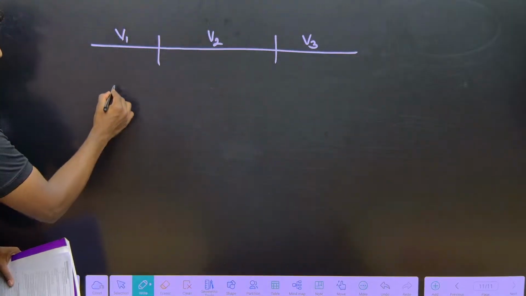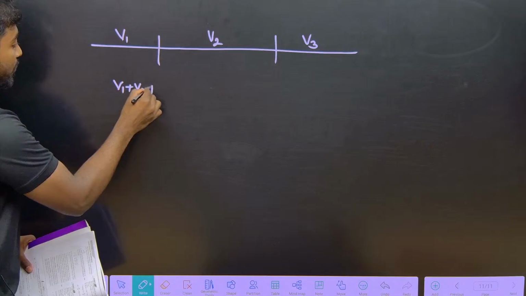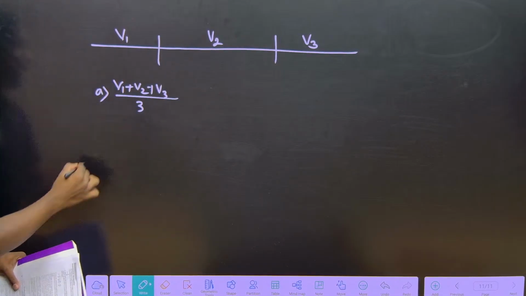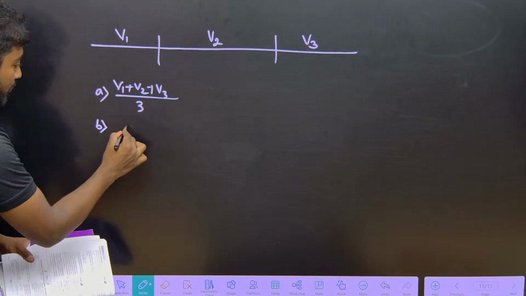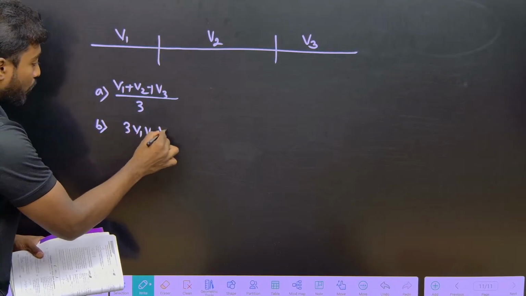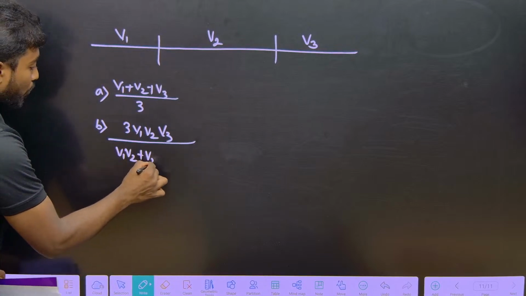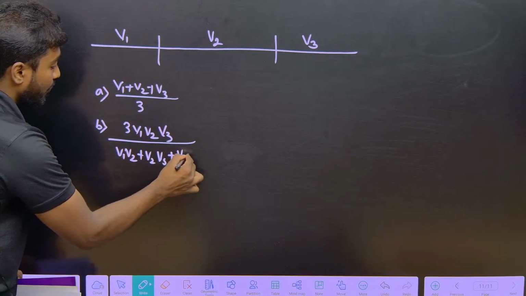Options are given. Option A is v1 plus v2 plus v3 divided by 3. Option B is 3 v1 v2 v3 divided by v1 v2 plus v2 v3 plus v3 v1.